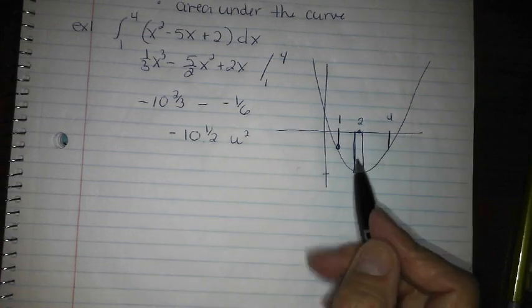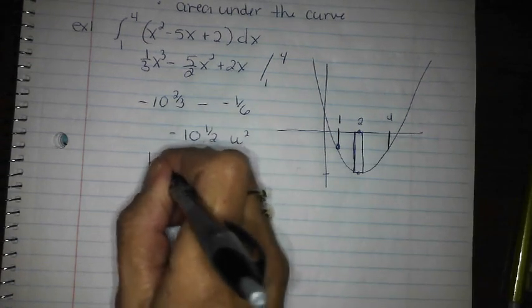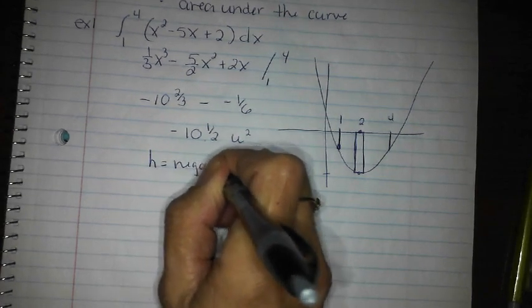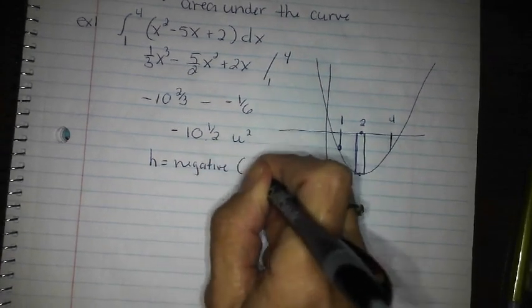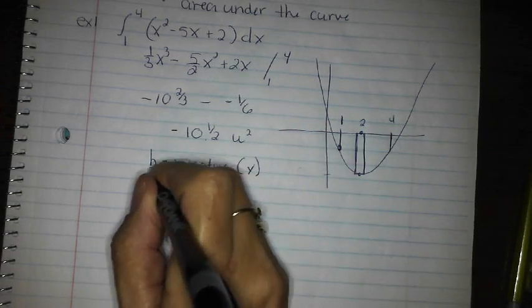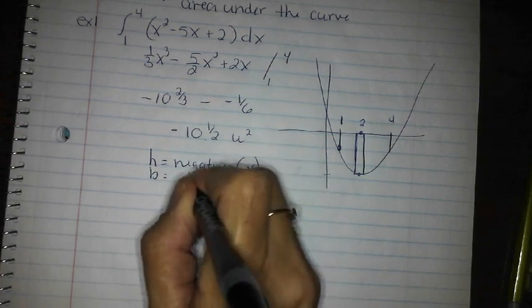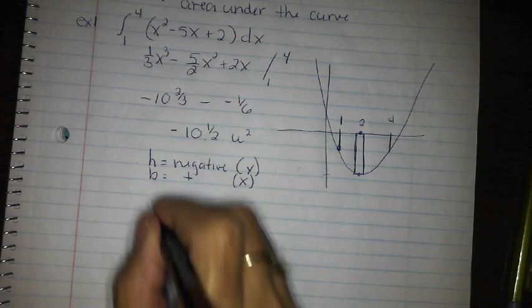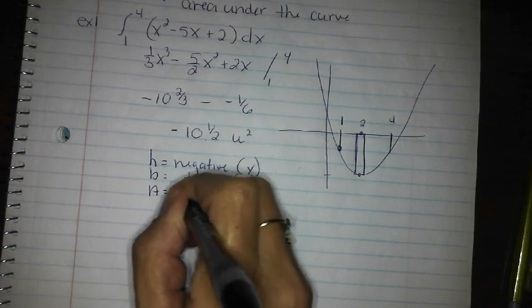So our special case here: the heights of the rectangles, the y values, are negative, and the bases of our rectangles, which are our x values, are positive, and when we multiply them to get area, the area is coming up negative.